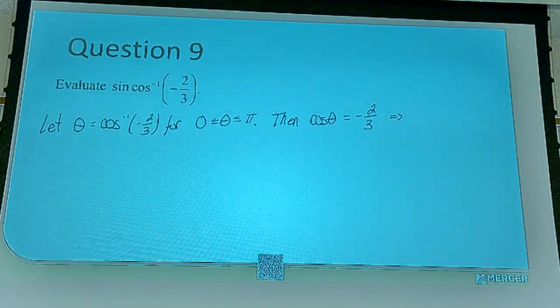Pi over 2 to pi. I think you're starting off the right way. Quadrant 2, what angles?